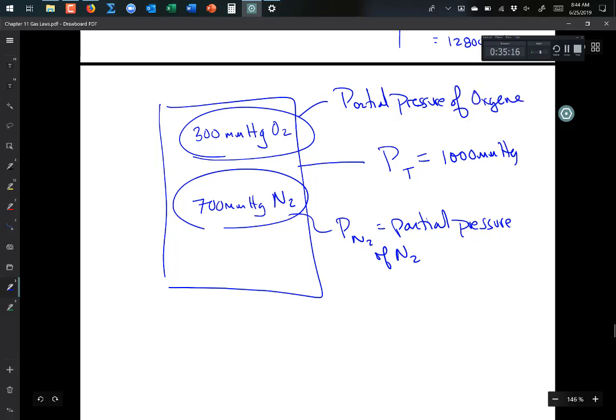Looks weird, but it's right. So it's just called the partial because they're part of the total. That's all. People freak out about the word partial pressure, like, I don't know what a partial pressure is. It's just part of a total. And it's as simple as adding up the pressures to do these problems.